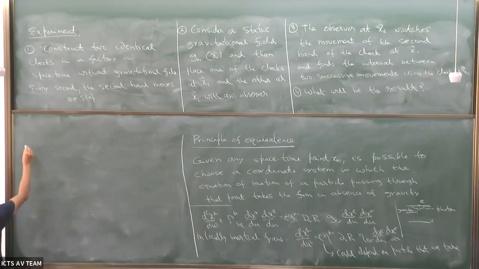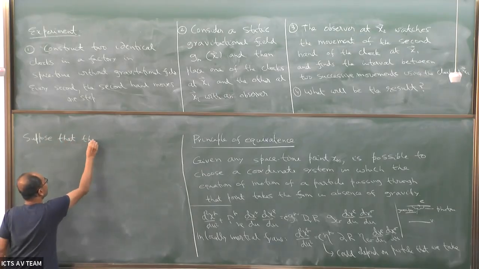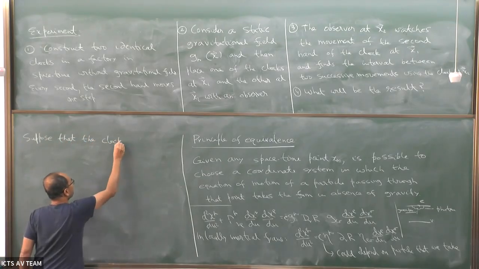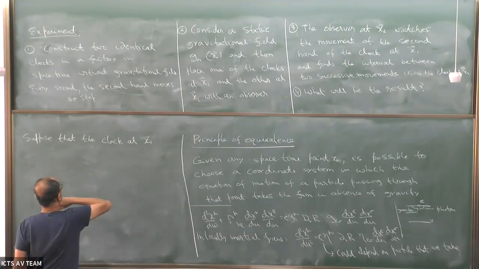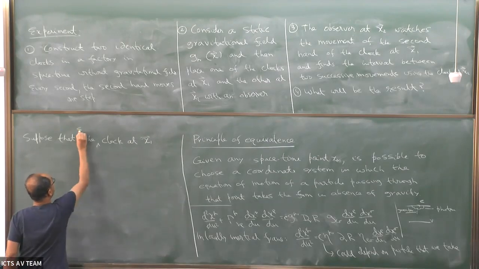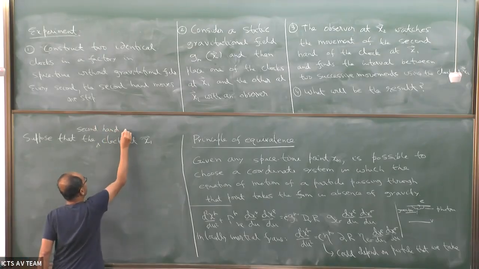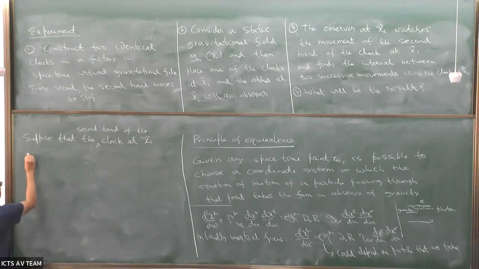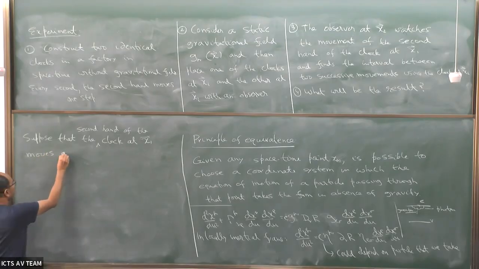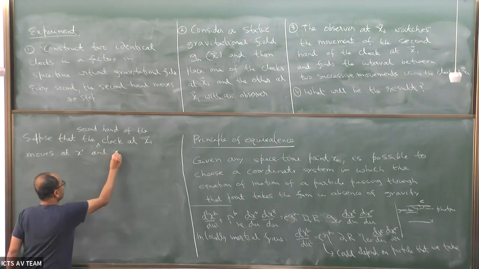So let's suppose the second hand of the clock at x1 moves at x0 and x0 plus delta x0.